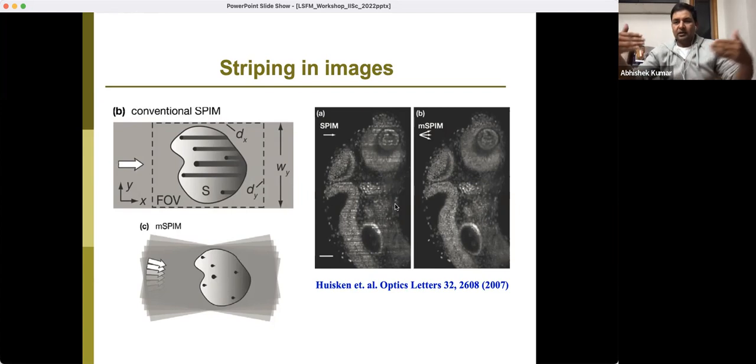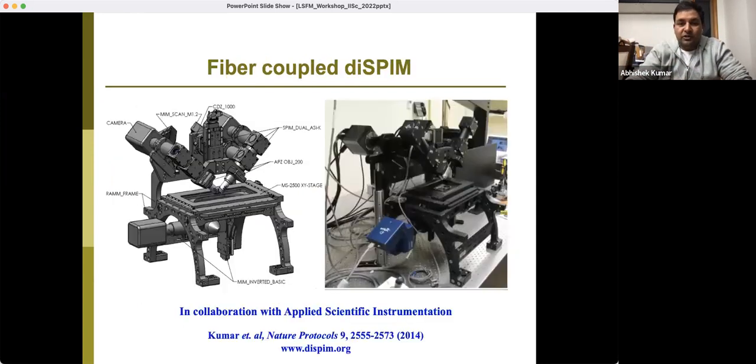And again, there are other approaches where you can illuminate from both sides, which is also very common nowadays, and detect from both sides. So this is one of the early implementations of diSPIM. And the reason I wanted to show you is that we spent a lot of time on it because there were not many commercial options except JICE.